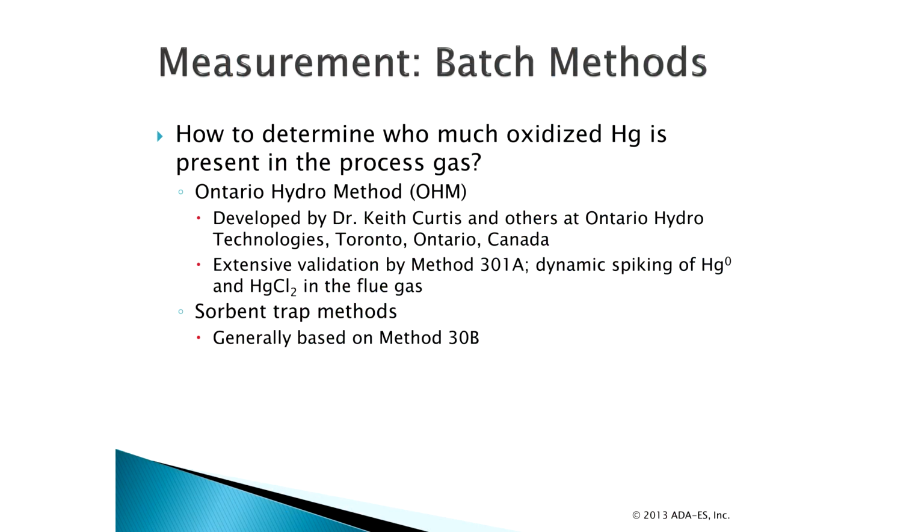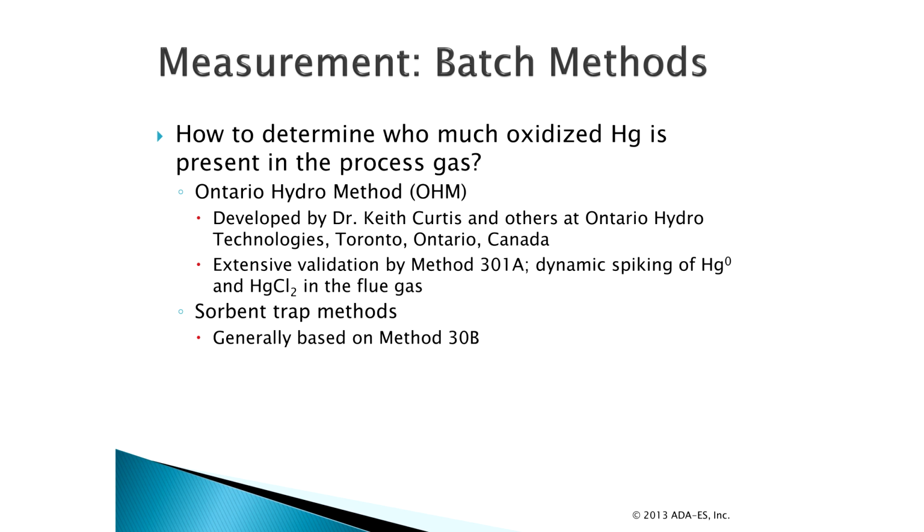So then you don't have to worry about the forms of mercury in the flue gas if you're just thinking from a regulatory point of view about the emissions. However, if you're trying to understand how a given piece of air pollution control equipment will impact mercury emissions, then sometimes you have to do some homework on the measurement to actually measure the forms to understand that.